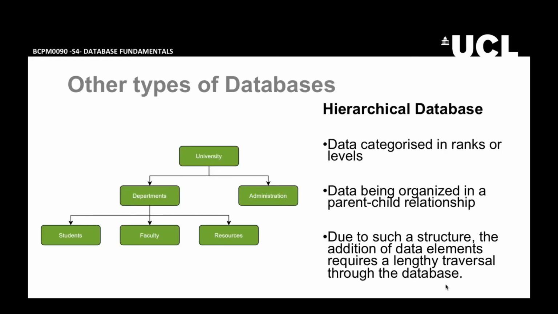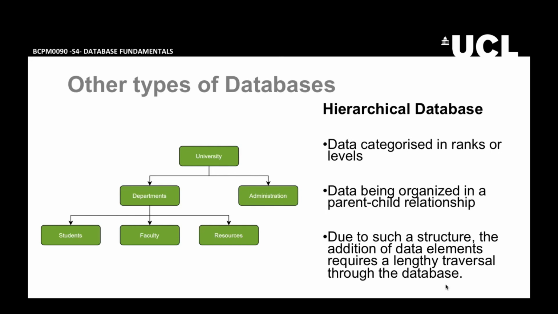Apart from the relational databases, we can distinguish other types of databases. Some of them are a little bit older, such as the hierarchical database, network database, and object-oriented database. But it's good that you know these different ways to store and organize data.